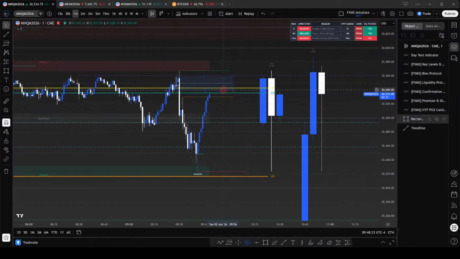$520 level down here. Next one above would be 550 up here. That's right at the middle of the OB.